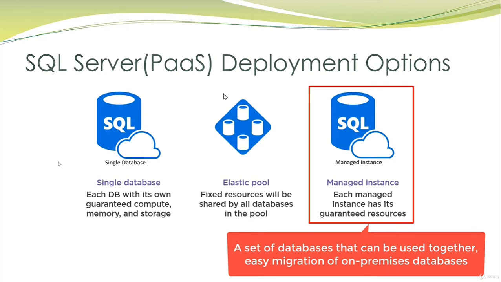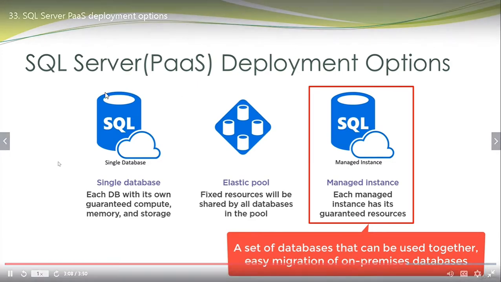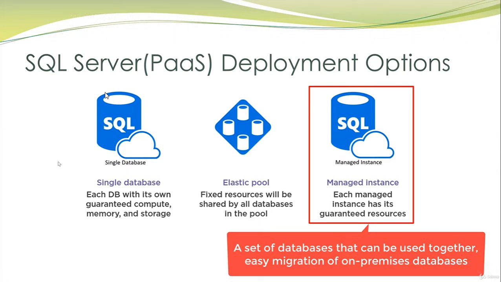I have the managed instance server, which is different from the logical servers used for single database and elastic pool. And then on that managed instance database server, there are instance databases. Now the resources are provisioned at the managed instance database server level.